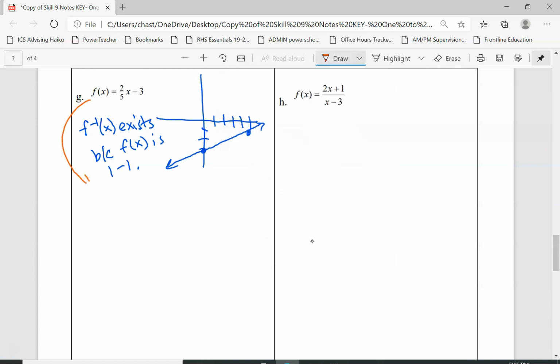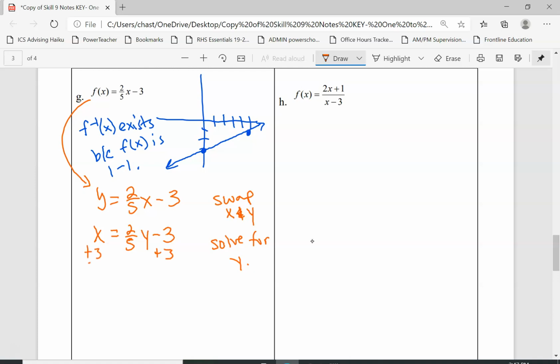So we're going to do a little algebra now. This is the same as saying y equals 2/5 x minus 3. So what we're going to do is swap x and y. So we get x equals 2/5 y minus 3. And then we're going to solve for y. So I'm going to add 3 to both sides.